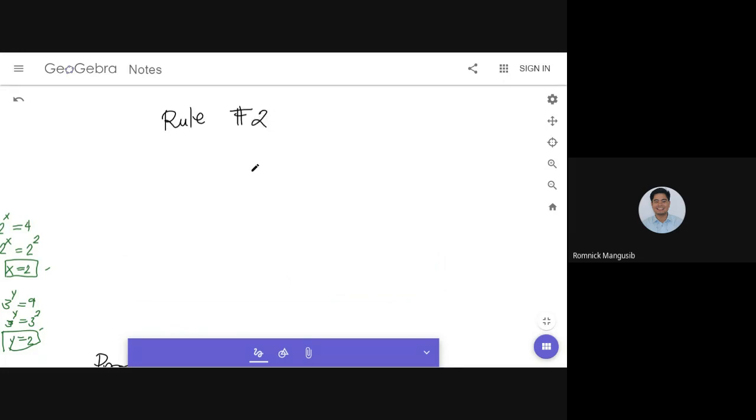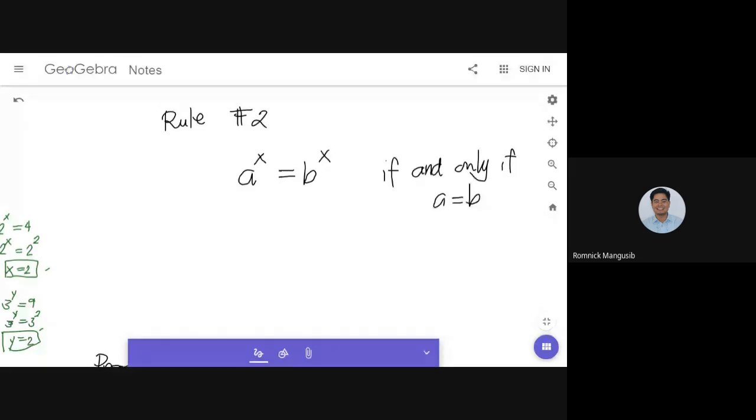Ang sabi naman nito, kung ang a raised to x ay equal sa b raised to x, totoo yan if and only if a is equal to b. Okay? So, yan ang sinasabi ng rule.